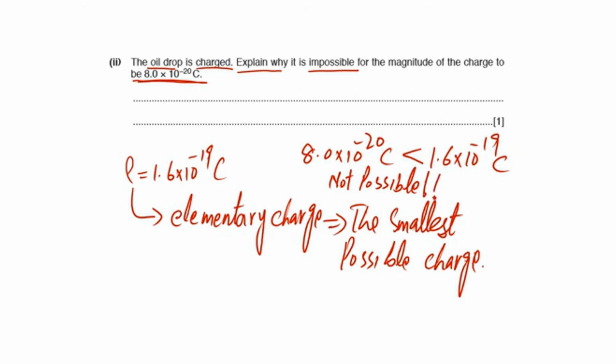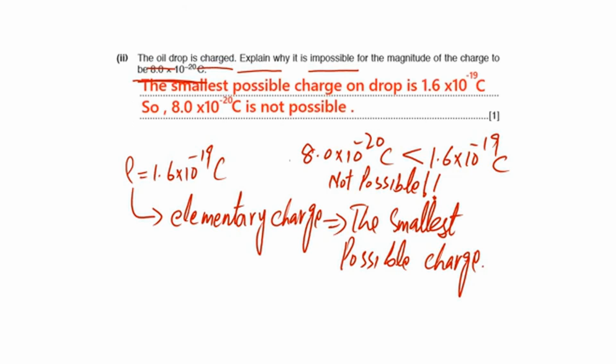Now the next thing is how we will write a proper answer for this one. This is how you can write a proper answer. The smallest possible charge on an oil drop is 1.6 times 10 to minus 19 coulomb. So 8.0 times 10 to minus 20 coulombs is not possible.